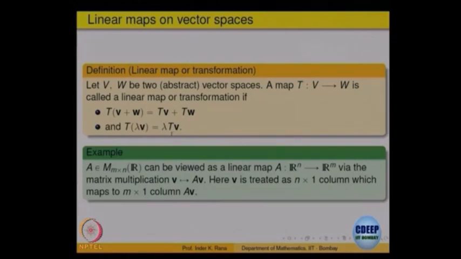So, it preserves the linear structure, that is all we are saying, right. It gives due regard to the linear structure. Addition goes to addition of the images, scalar multiple goes to the scalar multiple of the image.